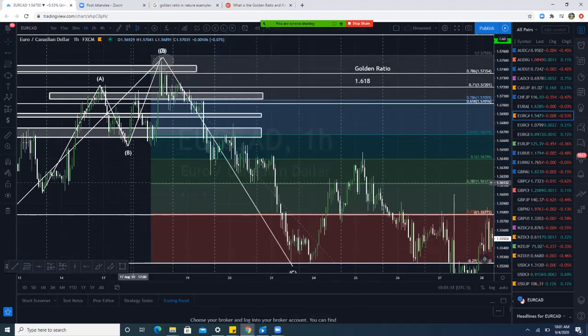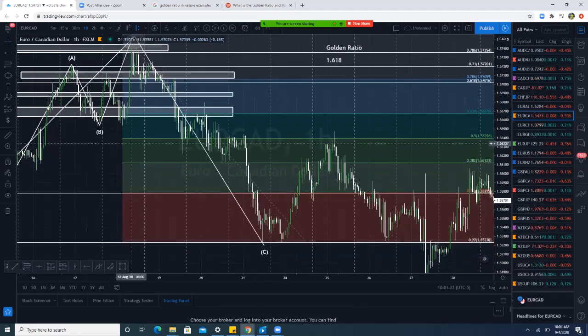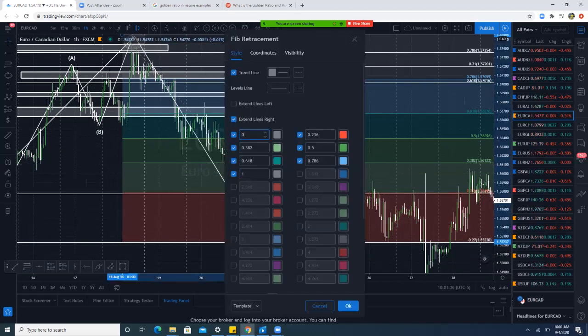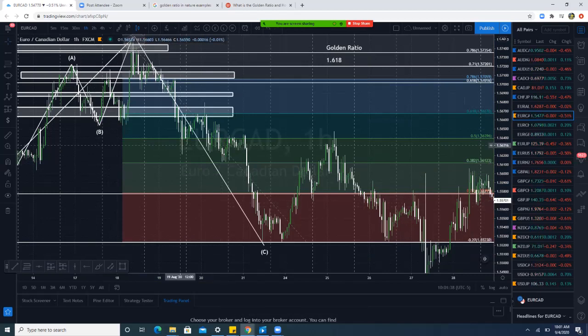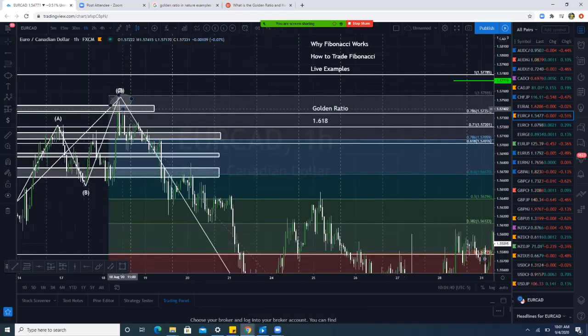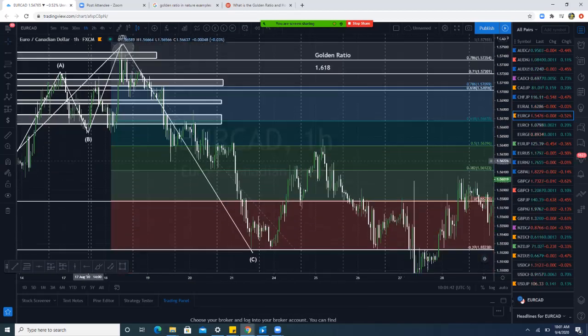There we go. So we see here that on this chart, it follows the 50. It goes from here to here. That's also the 27. The 27 itself is the next swing from here to here. So that's the end of the swing.